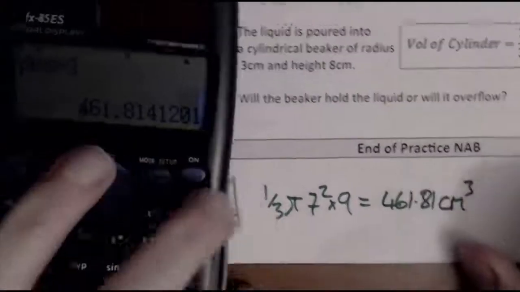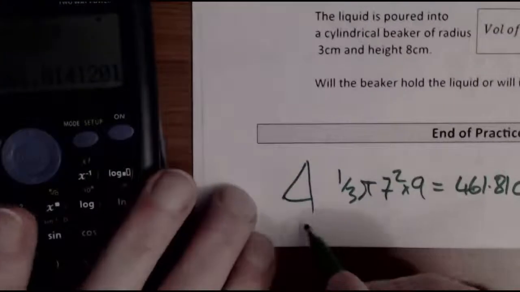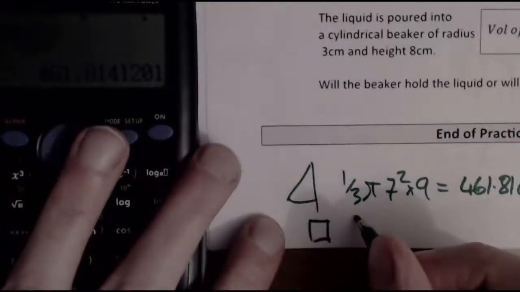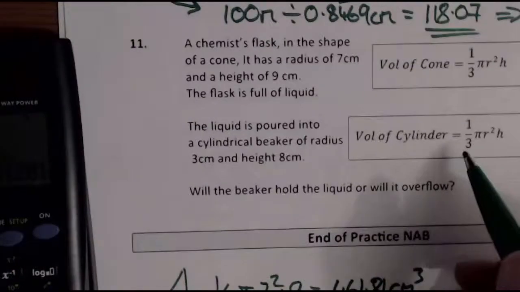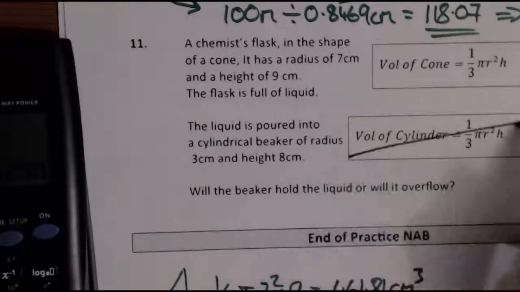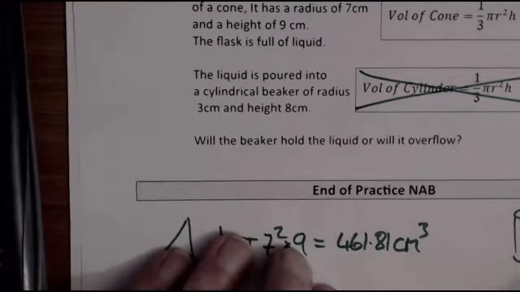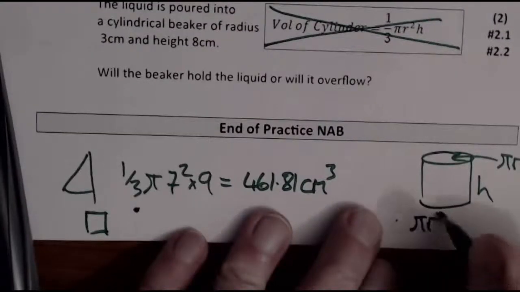centimetres cubed. We've got a cylinder, a wee cylinder here. Now, that's not right. The cylinder is obviously pi r squared, and that's the height. So the volume of the cylinder is pi r squared h.